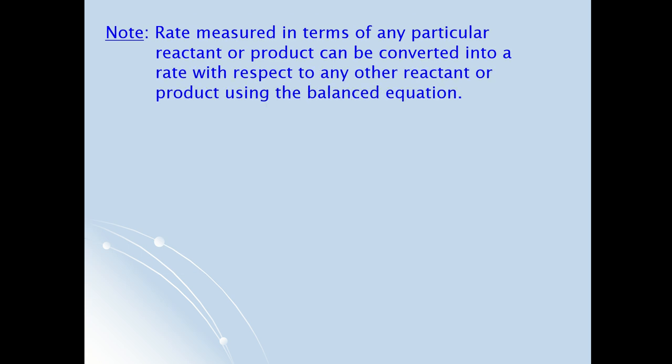Now, kind of leading into why that last couple of slides are important, you need to know about continuous and initial rate monitoring, but also, okay, we're going to look at how the rate measured in terms of one reactant or product can be converted to the rate with respect to another one, okay?